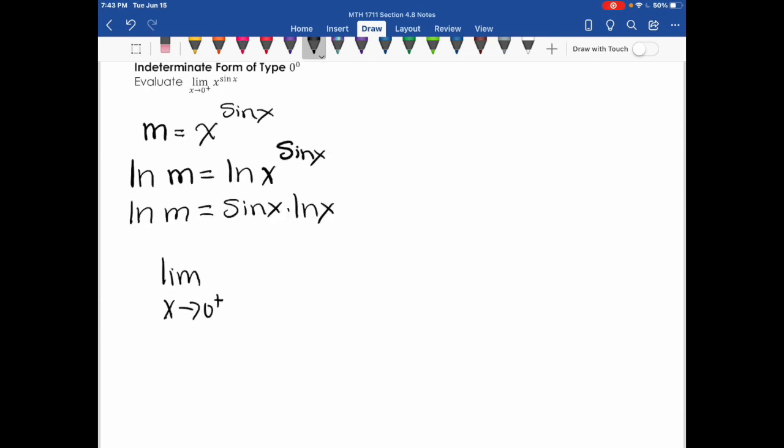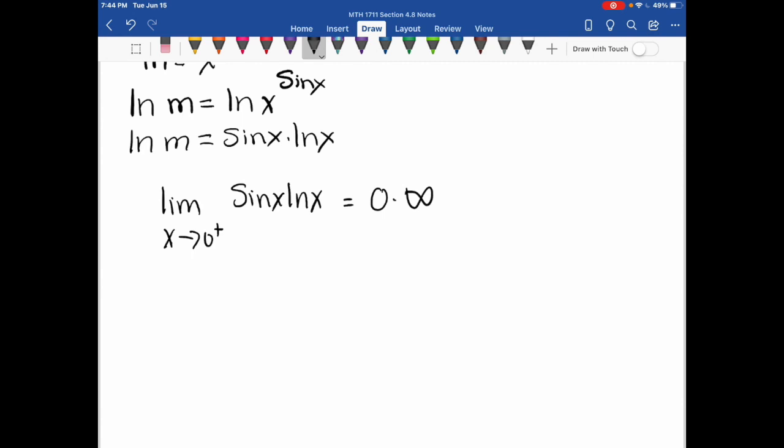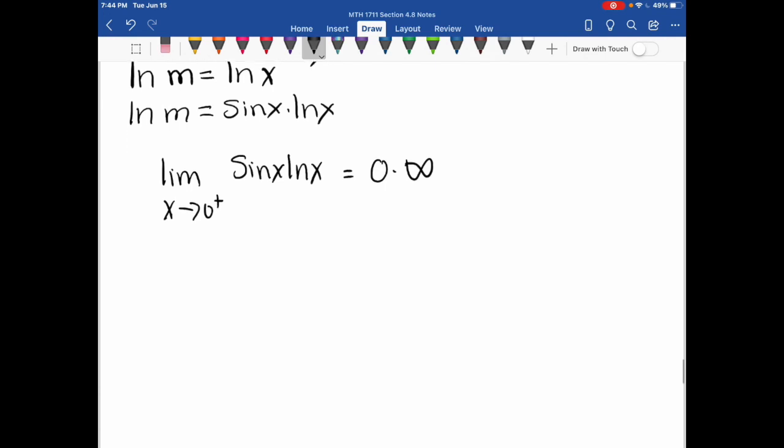And now we're going to try to evaluate the limit as x approaches 0 from the right of sine x natural log of x. Now, when we try to evaluate this, what's going to end up happening, we're going to get another indeterminate form of 0 times infinity. So that's not going to work. So let's try rewriting this in a way that we can use L'Hopital's rule.